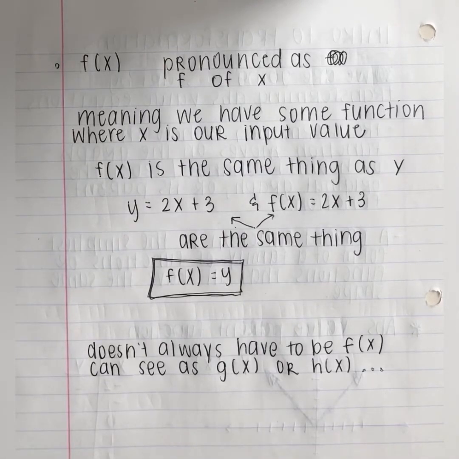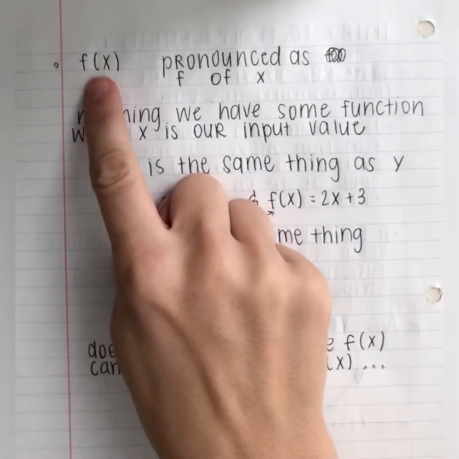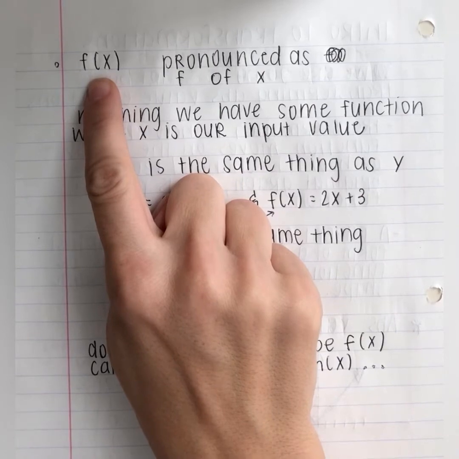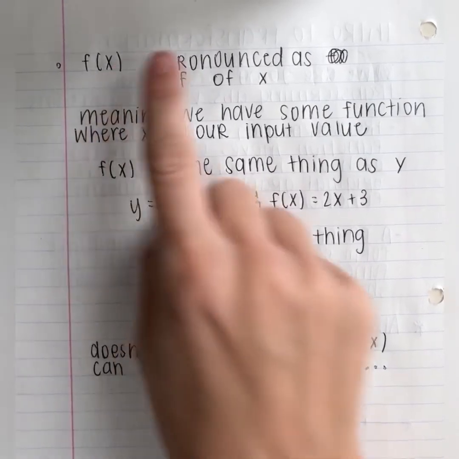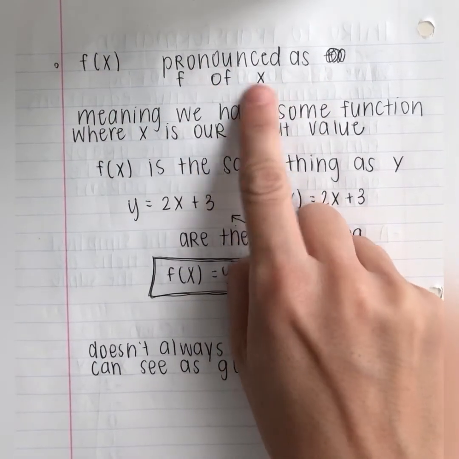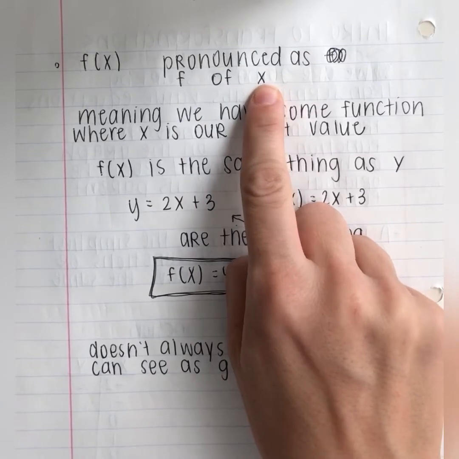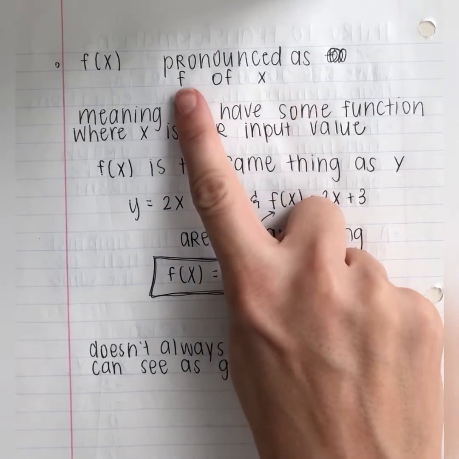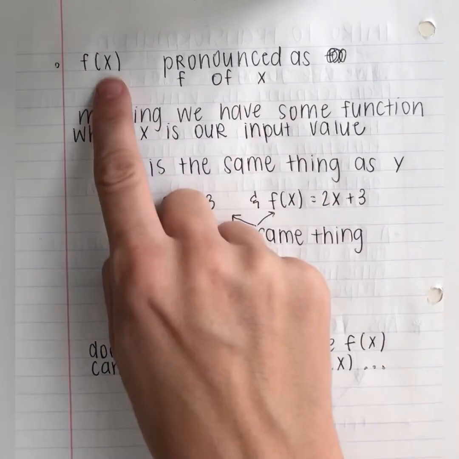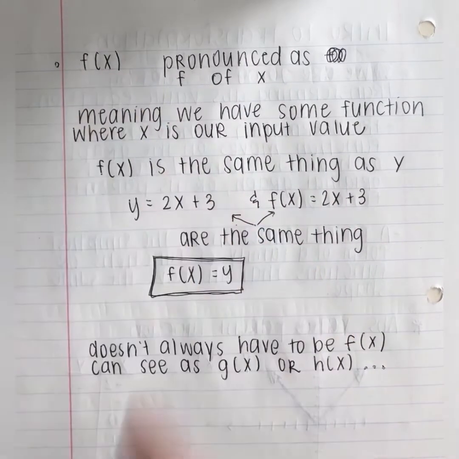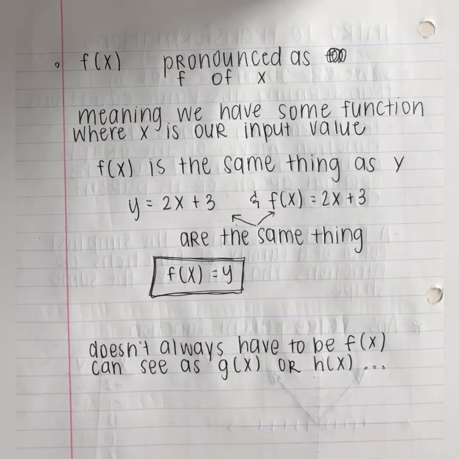All right, so another refresher from Algebra 1. If you see this, f parentheses, x parentheses, it is pronounced as f of x, okay? This is how I'm gonna be saying it. So when I say f of x, meaning basically you have some function, right?